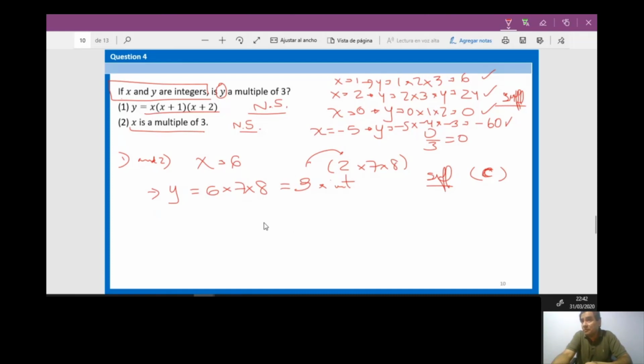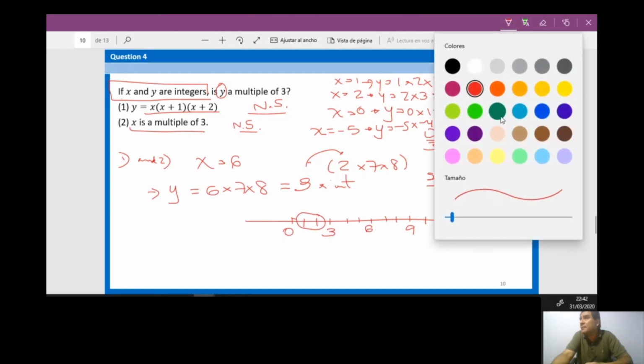And what is that property? Take a look. If you consider the multiples of 3 on a number line, such as 3, 6, 9, and 12, for example, you will notice that between each pair of consecutive multiples of 3, there are always 2 other integers, between 0 and 3, between 3 and 6, etc.